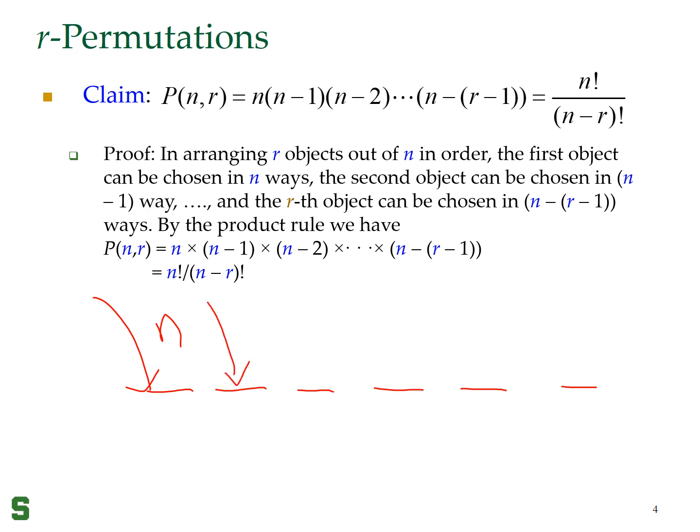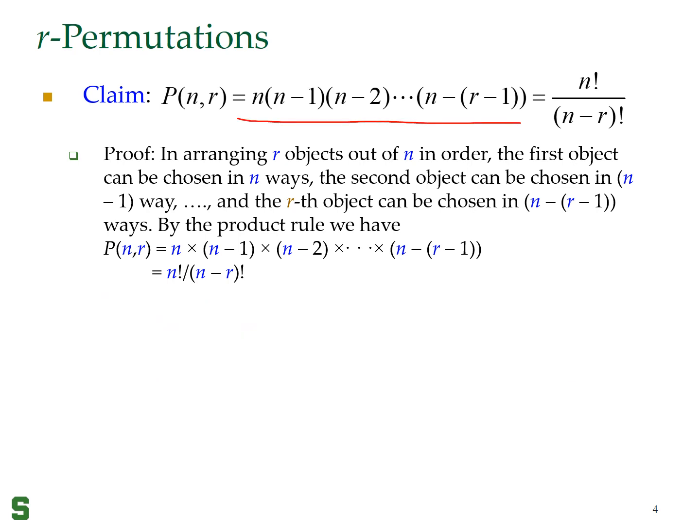The second can only be filled in n minus 1 possible ways, and so on and so forth until the last one, which can be filled in n minus r plus 1 ways. And this is basically the same as, if I multiply by the remaining terms from n minus r all the way down to 1 and divide by the same, that will give us n factorial divided by n minus r factorial.